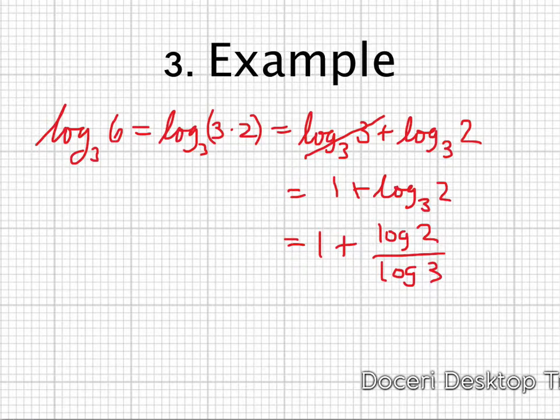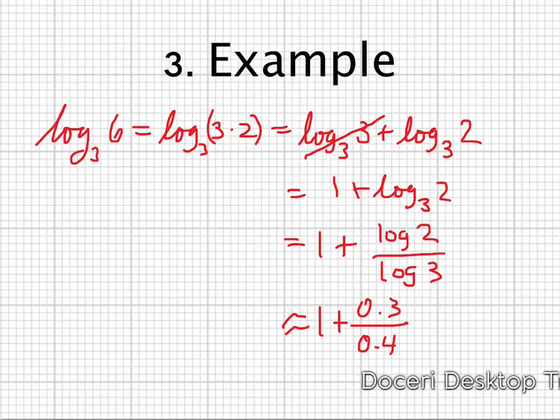If you had a slide rule, which I doubt you do, because those are kind of extinct, you would use that as well. So you'd have 1 plus the log of 2, and I should approximate my answer here. So this should be approximately equal to 0.3 divided by log of 3, which is 0.4.